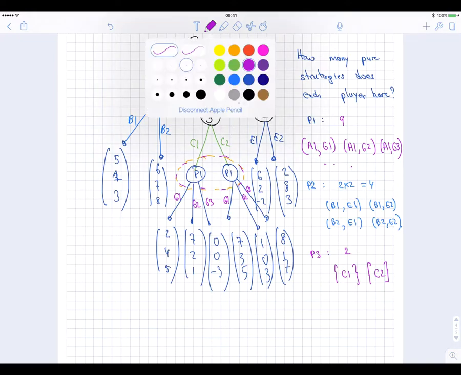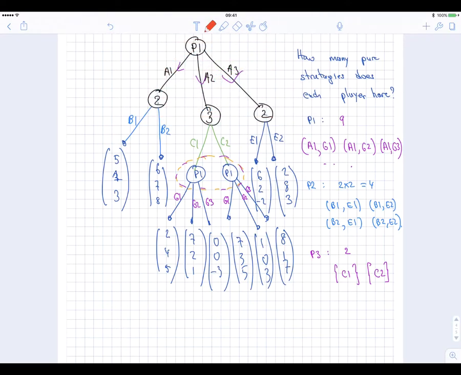How many subgames do I have here? 5? If you look at question 1, I defined this idea of a subgame, but it needs to start from a singleton decision node.